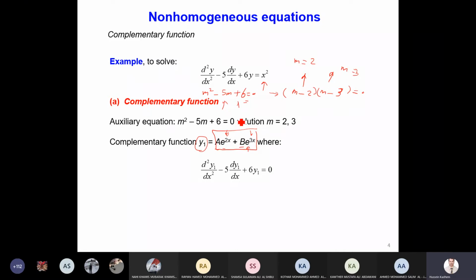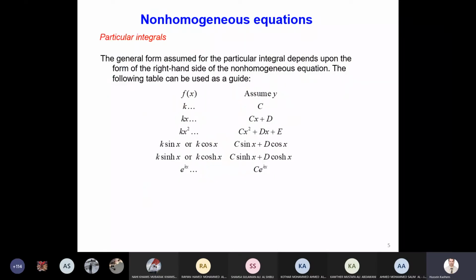What is new is finding y2, the particular integral or solution, which is done using the following table. By the way, remember our function here, x squared. Have a look. You are given a table. In this table, you check the function f of x on the right hand side. If the function is a constant, then we assume y to be a constant, whatever you call it, c or k naught.